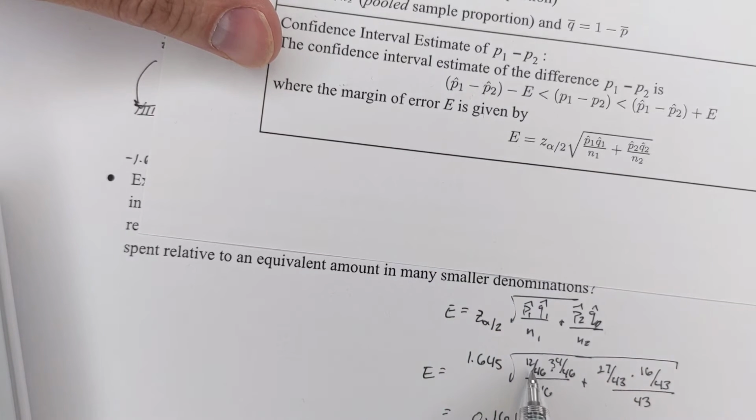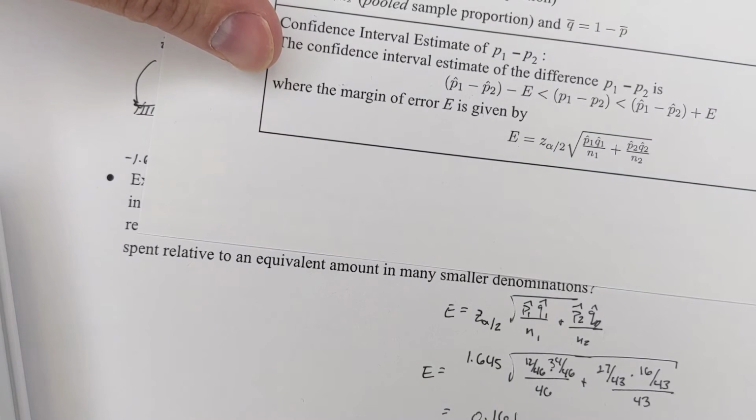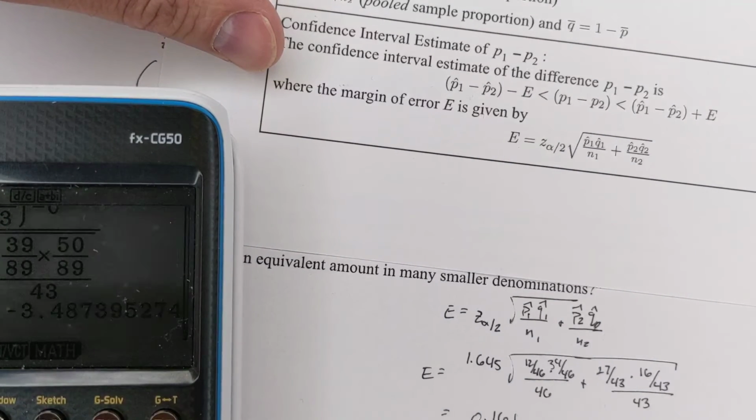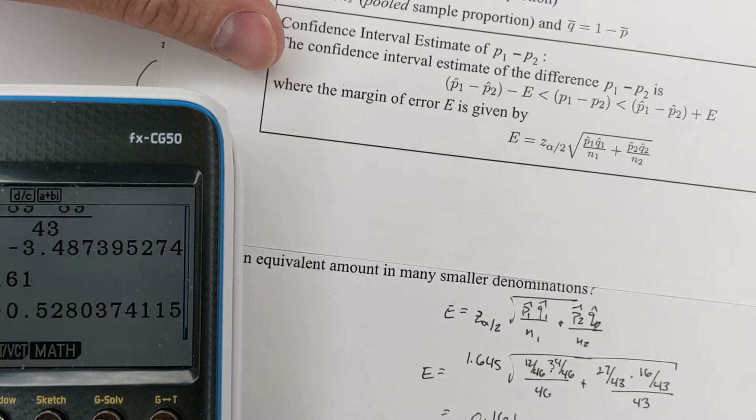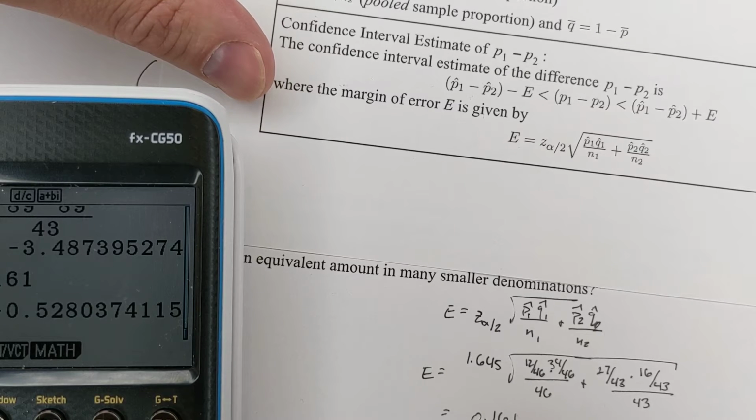So our confidence interval is given by right here. It's the difference p1 minus p2, minus E. Okay, so p1 is 12/46 minus p2, which is 27/43, minus the error value, 0.161. So we get negative 0.528 for p1 minus p2.